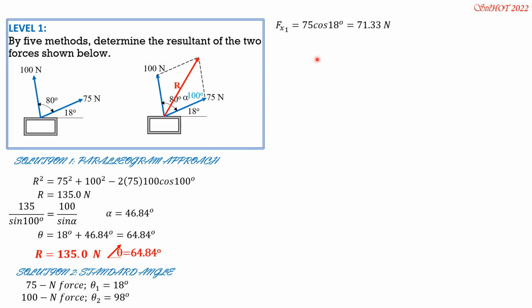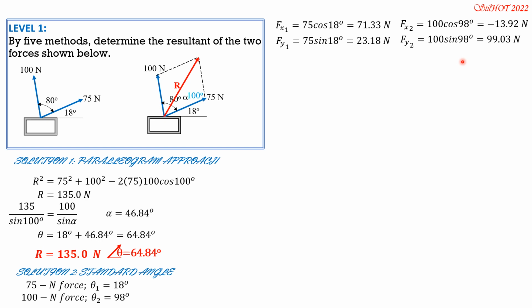There are only two forces. Then Fy1 is 75 sine of 18. I'm just presenting it in a more detailed manner. Fx2 is 100 cosine of 98, so it is negative 13.92. Fy2 is 100 sine of 98, so 99.03 newtons.